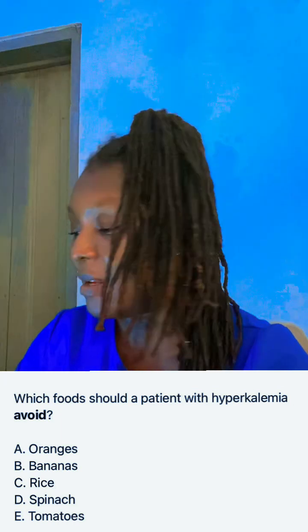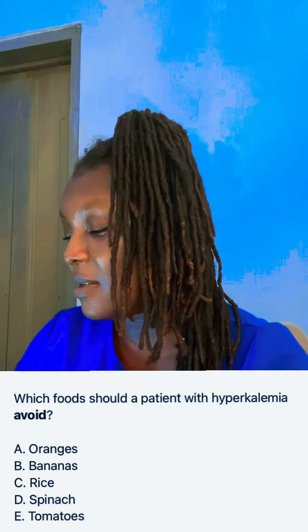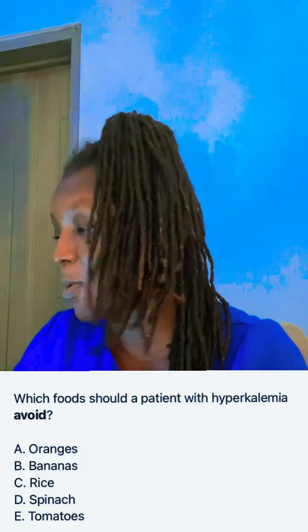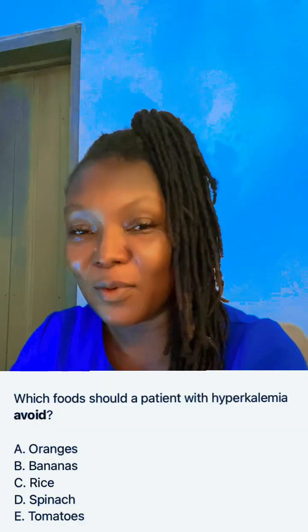B. Bananas. C. Rice. D. Spinach. E. Tomatoes. In other words, which of these foods contain potassium? Because you have hyperkalemia, you want to avoid any food that will worsen it, right? So which are the foods here that contain potassium?